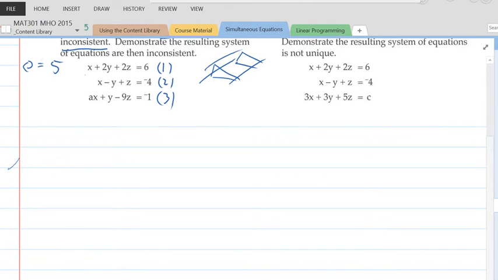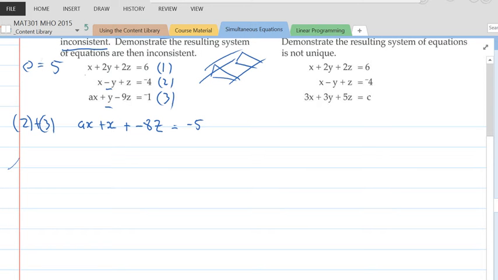And to eliminate y, this one's got a minus y and a plus y here, so if I just add equation 2 to equation 3, I'm going to get ax plus x, the y's will cancel out, plus z, and adding to that is going to give me minus 8z, and adding those two together is going to give me minus 5.